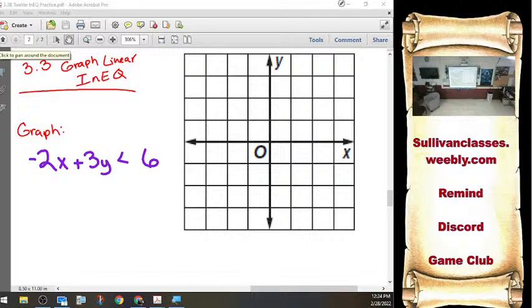I like the number of you that have went and got graph paper right away. That's great. Are we also labeled? Or is it just a random problem on a piece of paper that I have no idea what it is? Or does it say 3 graphing linear inequalities on there so I know what's going on?